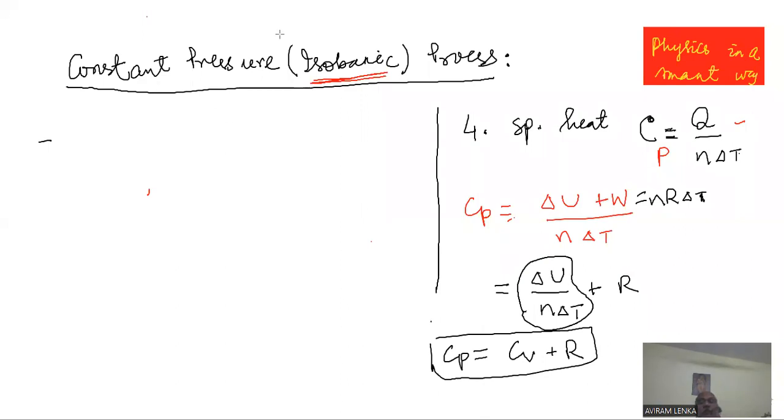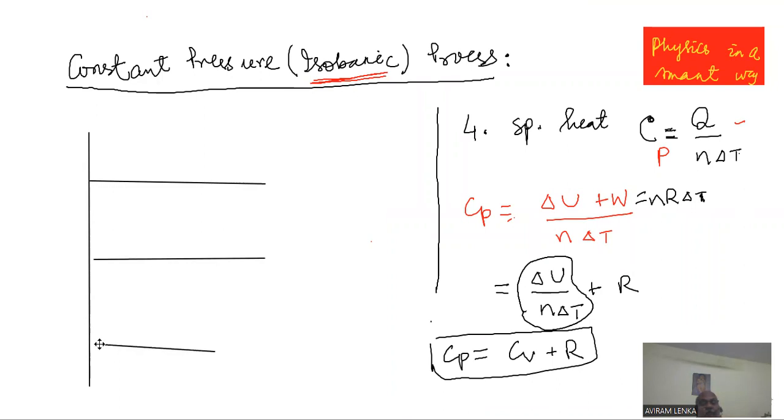So whenever we go to the graphs, we draw a graph with two variables, and here we have three variables: pressure, volume, and temperature, but here pressure is constant.